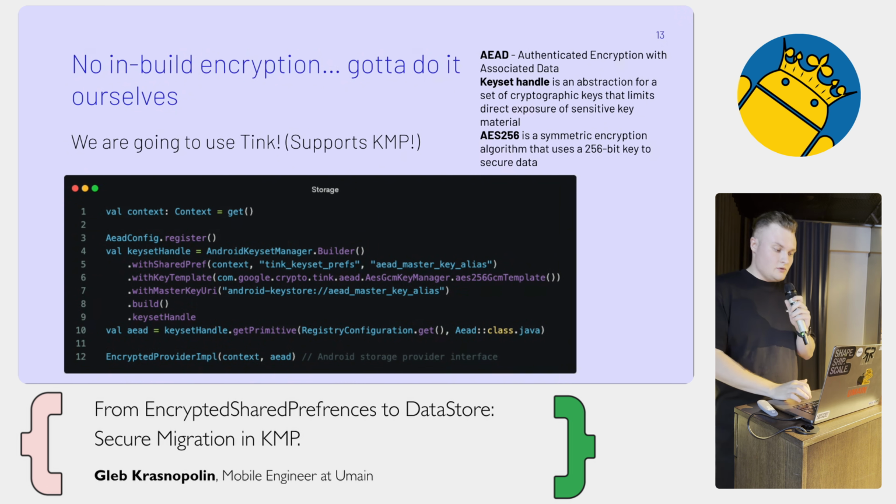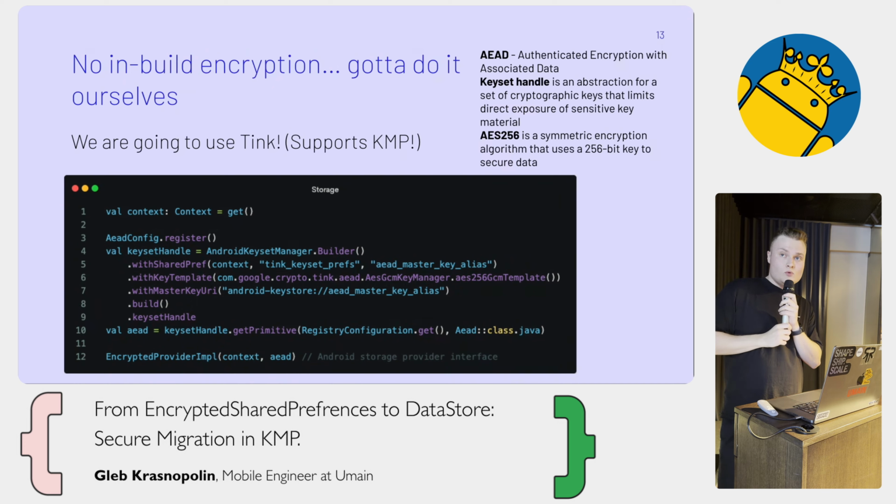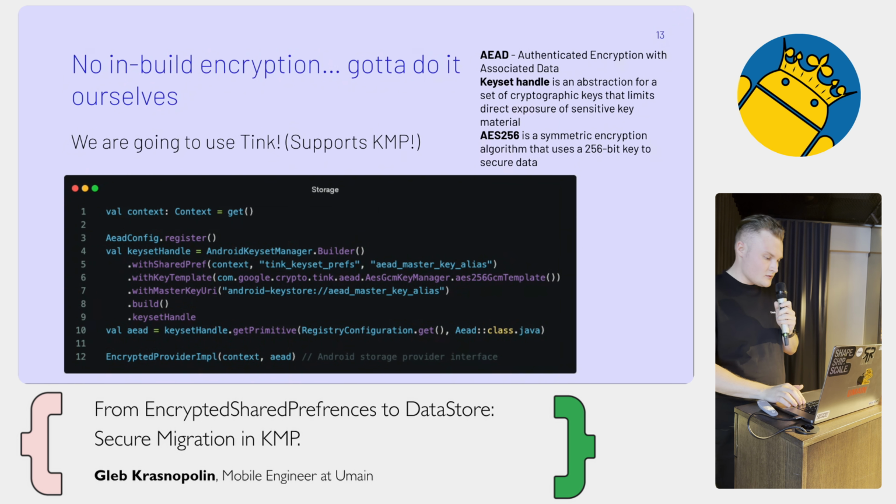So then you just build your key set, and the most important part, you need to create the object which you will further use to encrypt and decrypt the data. So then you just pass the context and your new object to your interface of shared preferences for DataStore.